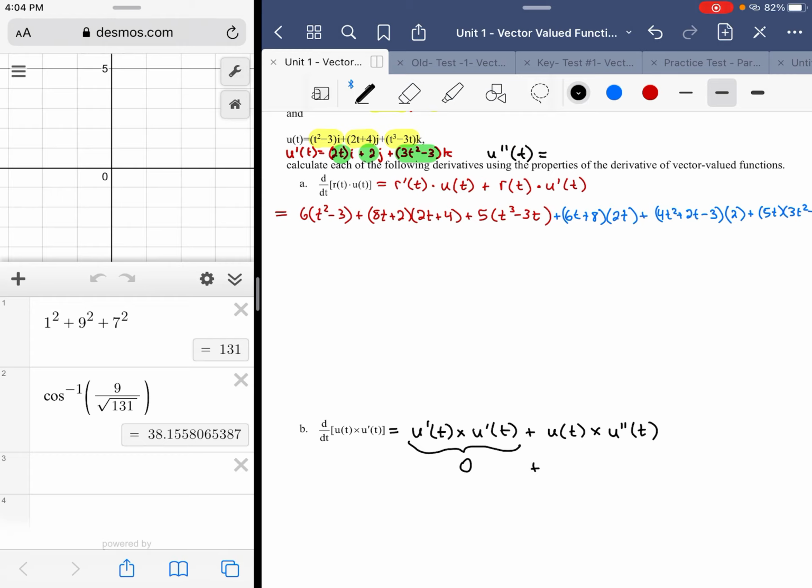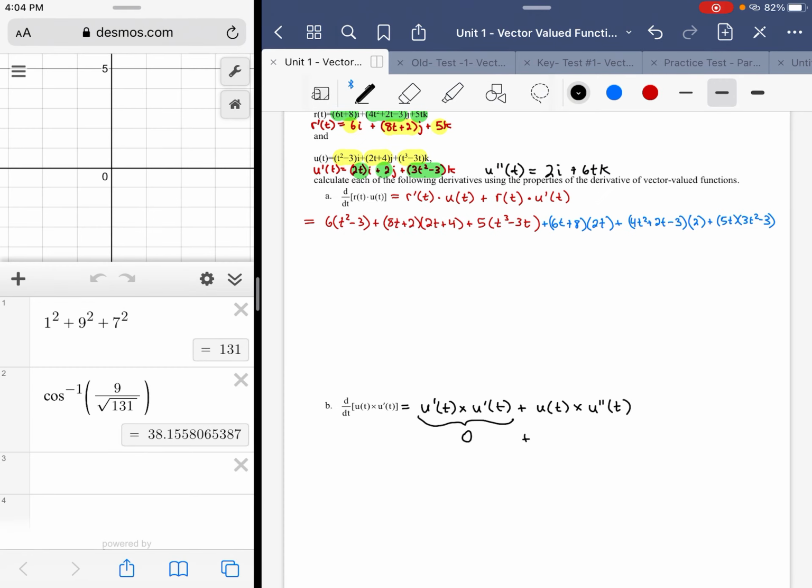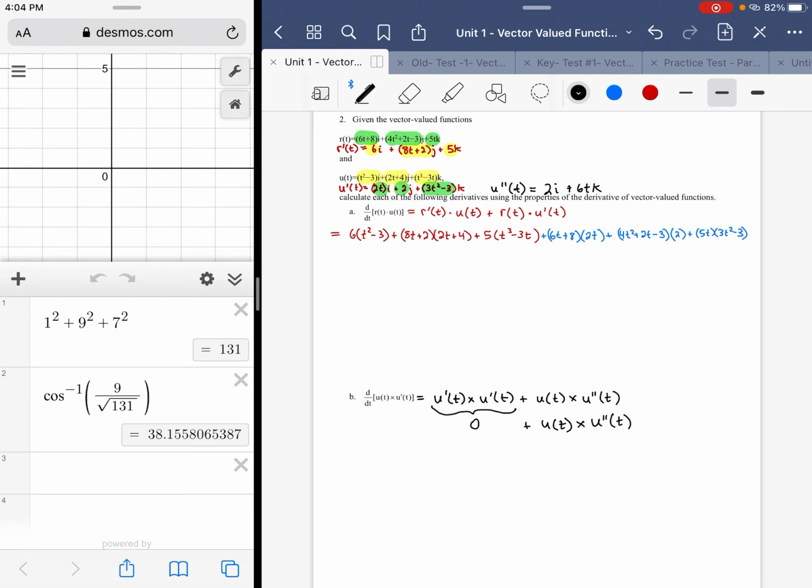Now these are polynomials, so it's going to make things a lot nicer. We're going to have 2i plus 0j, so I'm going to leave that alone, plus 6tk. All right, so that's what we'll be crossing. We're going to cross u against its second derivative.